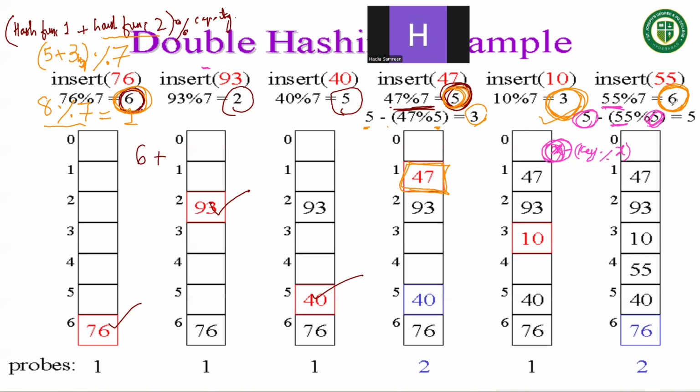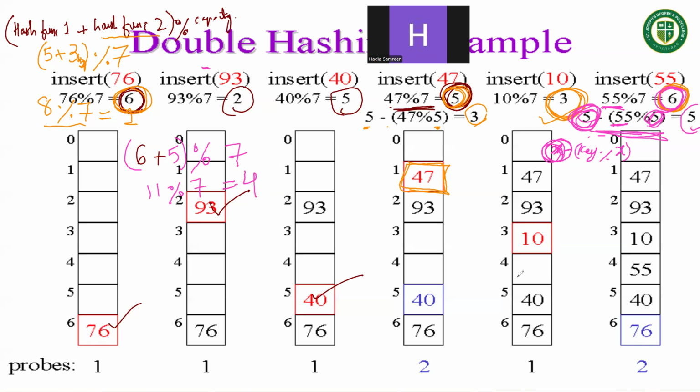This x will be less than or equal to 6, and must be relatively prime to the previous hash function. So we did this hash function 2, calculated it, and got 5 again. So 6 plus 5 modulus 7. 6 plus 5 is 11. 11 modulus 7 is 4.